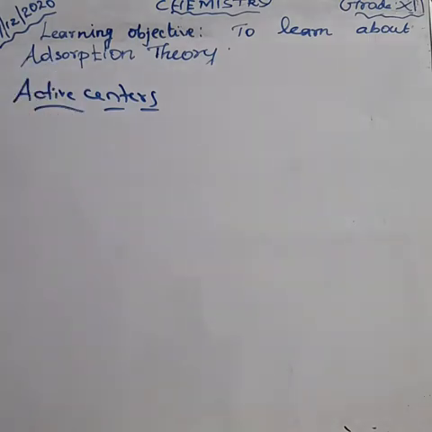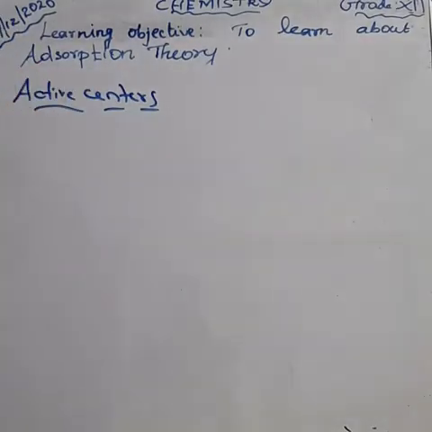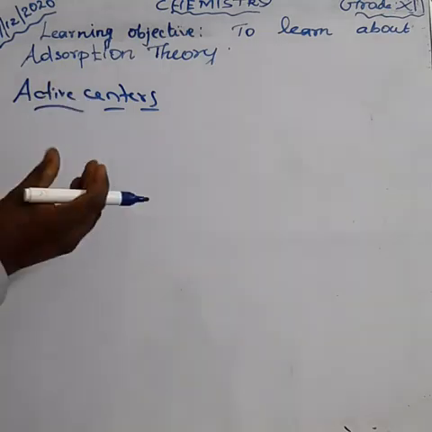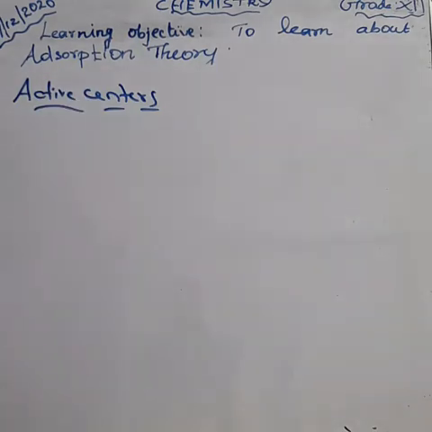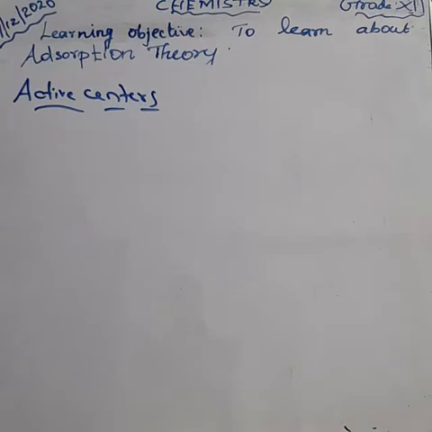Hence the atoms at such locations on the surface are coordinately unsaturated. So they have a force of attraction. Due to this force of attraction, such sites, some areas, are called active centers.